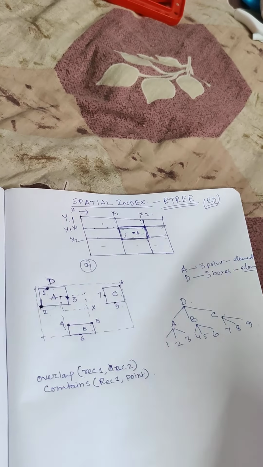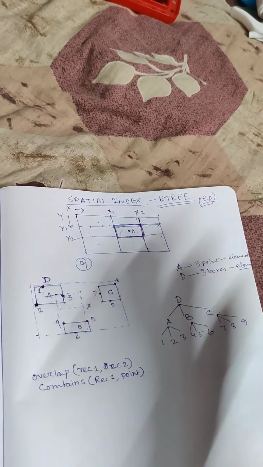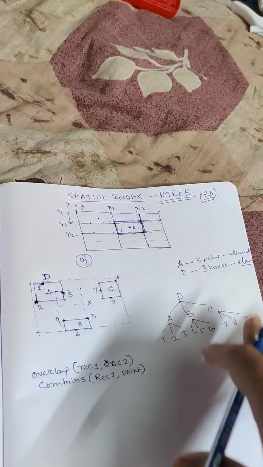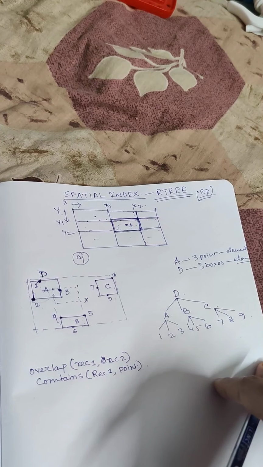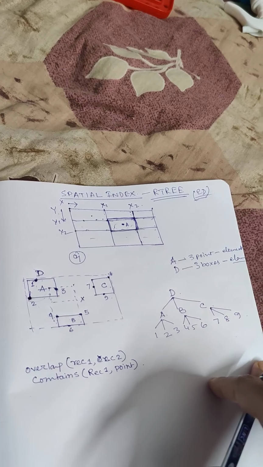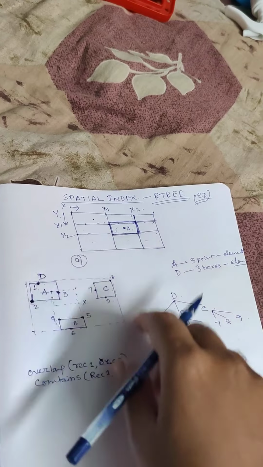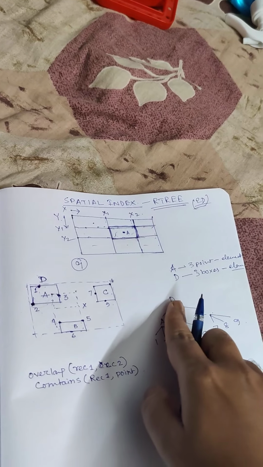Now the thing is, if we want to add some point, let's start by seeing how we find any point within this box. We have to start from the root if we want to traverse it.